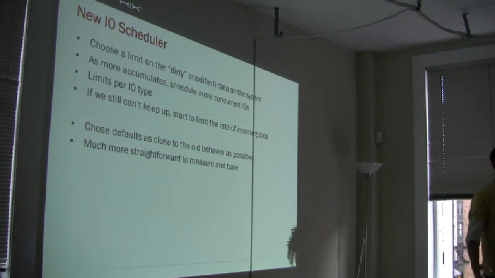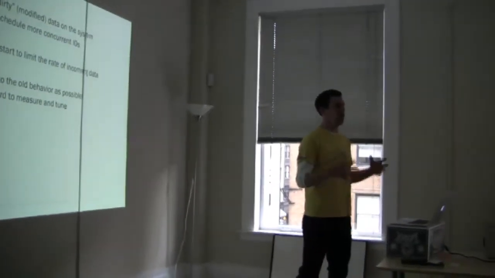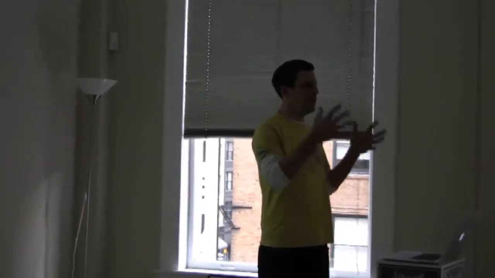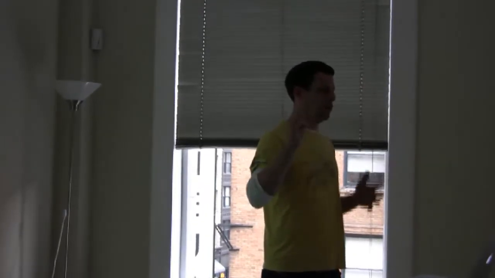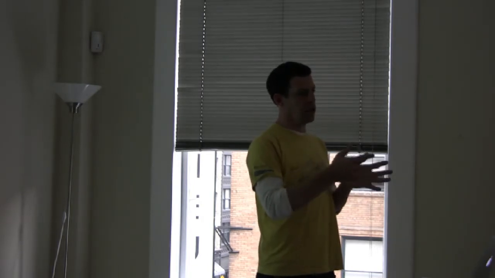The basic way it works is we choose to limit the amount of dirty data on the system, the amount of modified data that we're allowed to accumulate. Now, as more dirty data builds up, we schedule more concurrent IOs. So if you have a light stream of data accumulated on the system, then we will optimize for latency.